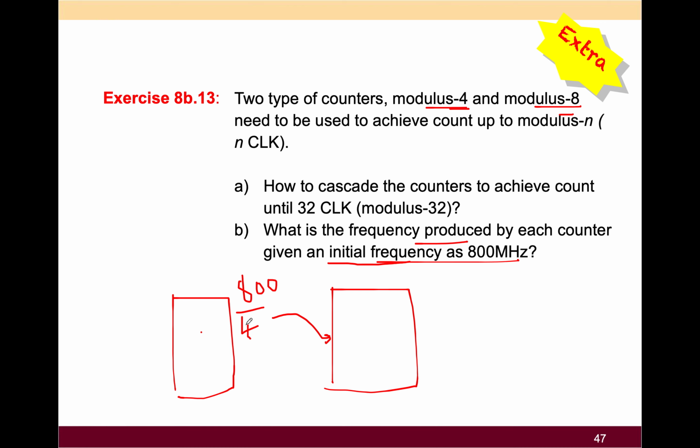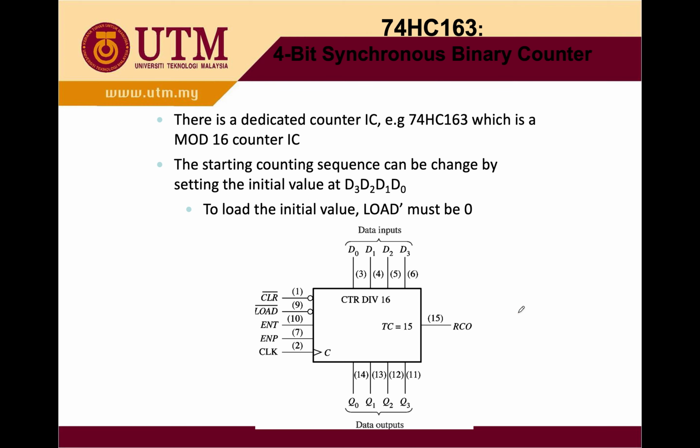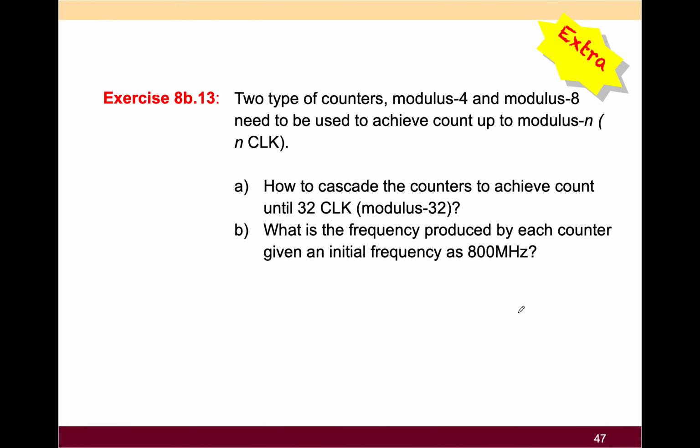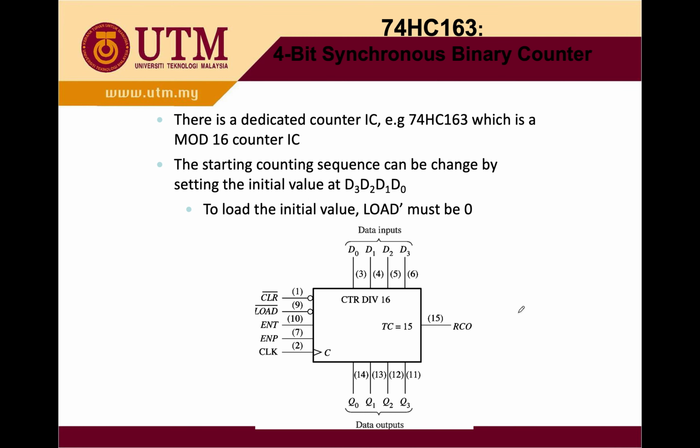So your answer here, I think, is 200, is it? Correct me if I'm wrong, I didn't calculate it. Then you divide it by 8, and you will get the frequency produced. Please also check your module, it's not stated over here, so try the examples in your module also.